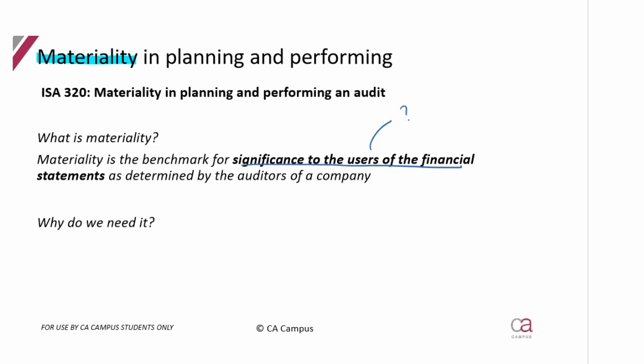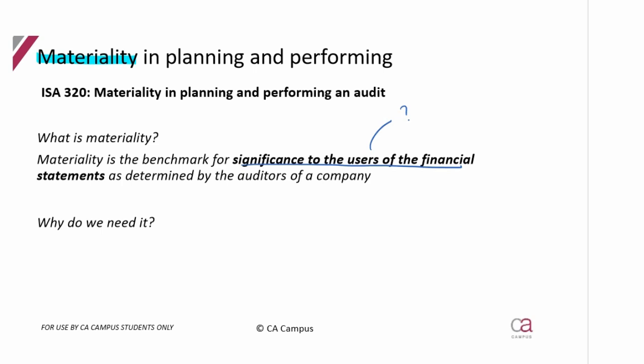There's so many parties that are interested in these financials, and for different reasons. So the auditor has to go and decide what do they think will be significant to any user of the financial, and that is how they are going to determine materiality.